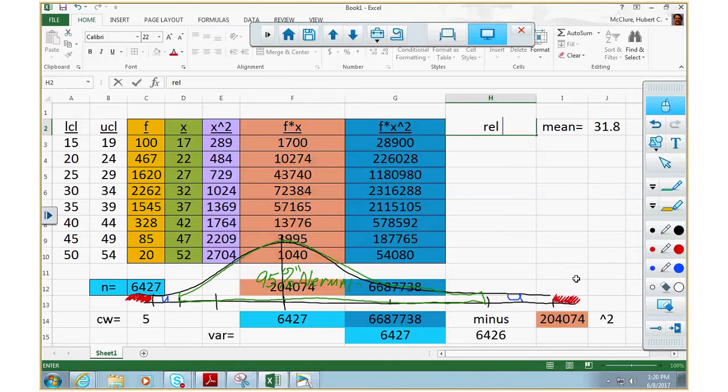Relative frequency equals this number, which is F, divided by what? N. So write that down: F divided by N. And F4, because I want every single one of them, so you copy that down.